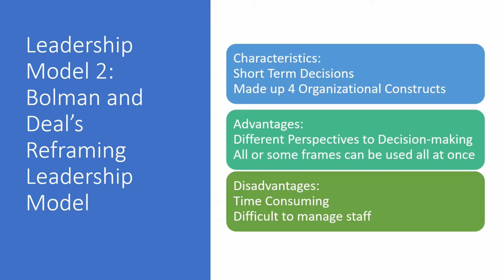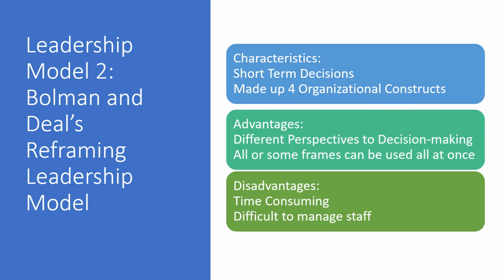Leadership Model 2. Bolman and Deal's reframing leadership model. Characteristics include using the reframing leadership model in short-term decision making instances. It is also made up of 4 organizational constructs, which are structural, human resources, symbolic, and political, which we will discuss later.